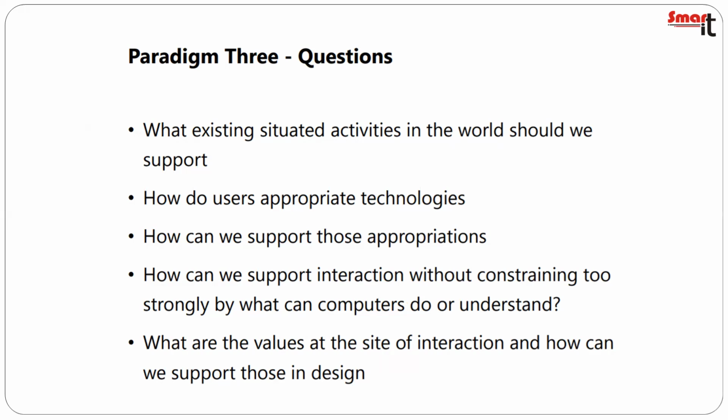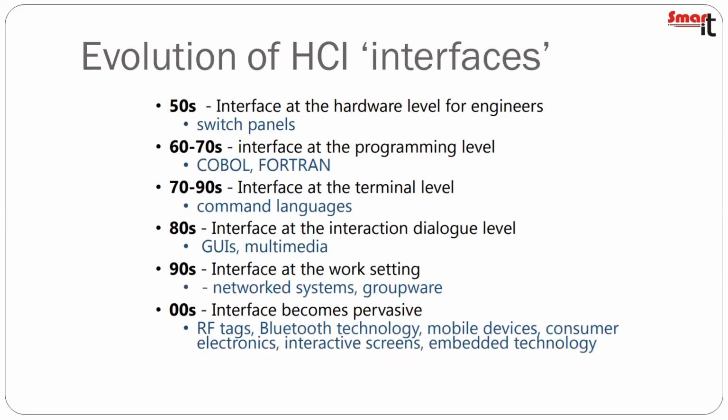So those things are the questions that we are focusing on in paradigm 3, right? If we talk more about the evolution of the HCI, the interface, this is a little bit of history about how it came. In the 1950s, there were switch panels. After that, it came to programming languages like COBOL and Fortran to develop HCI.